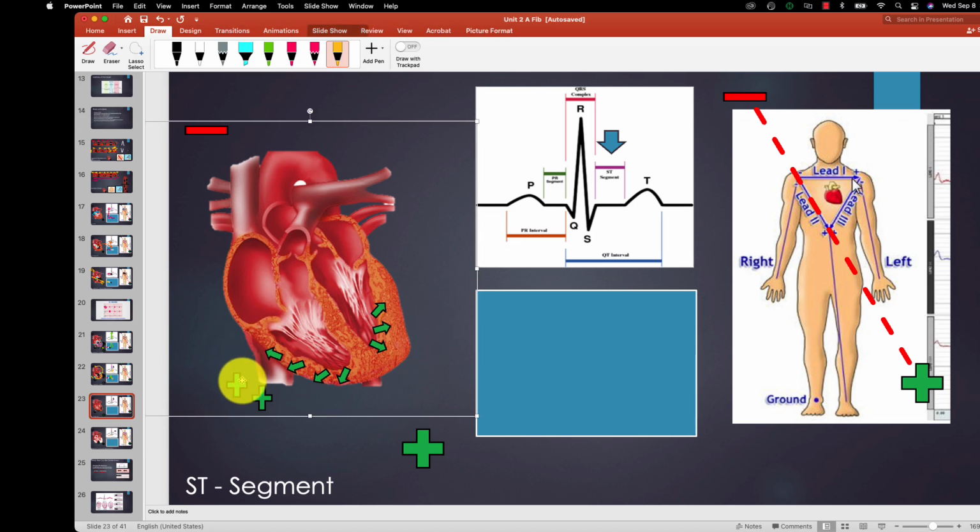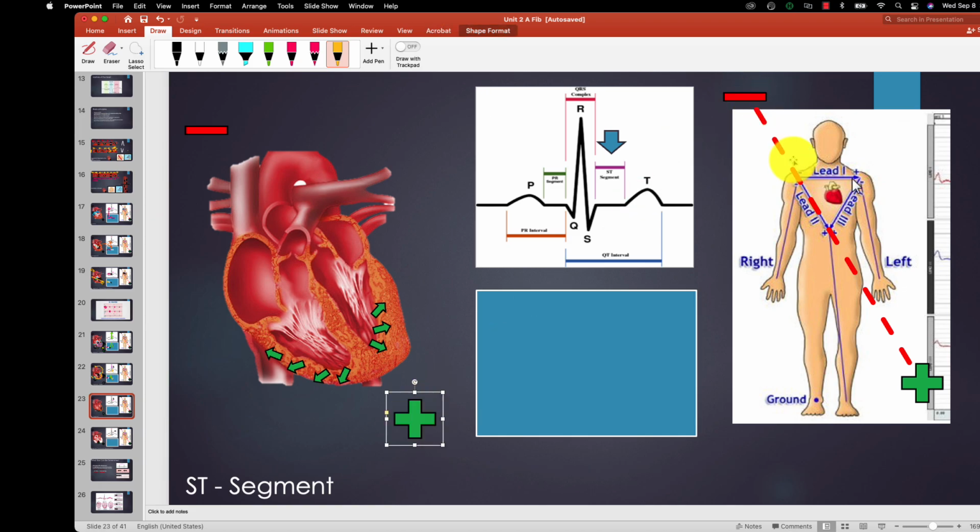So what exactly is the ST segment signifying? Well, we still have the negative, we still have the positive, right? We have these charges following this electrode line here. When we get into the ST segment, there's no net movement of any positive charges.